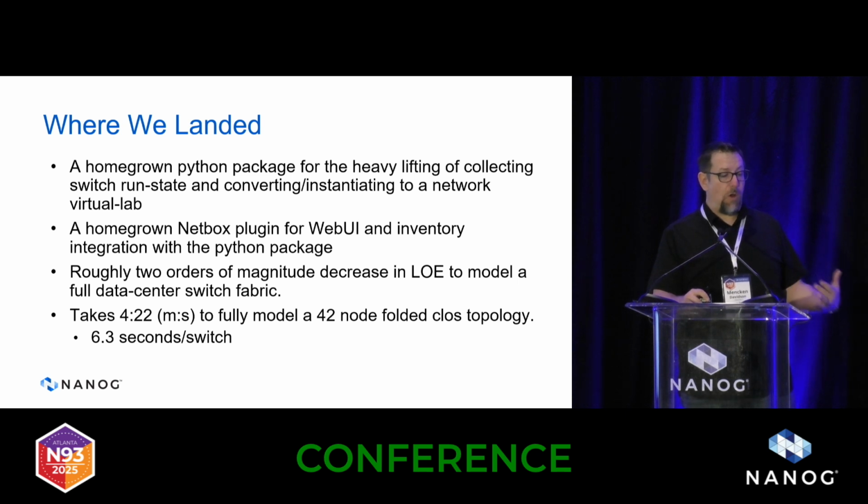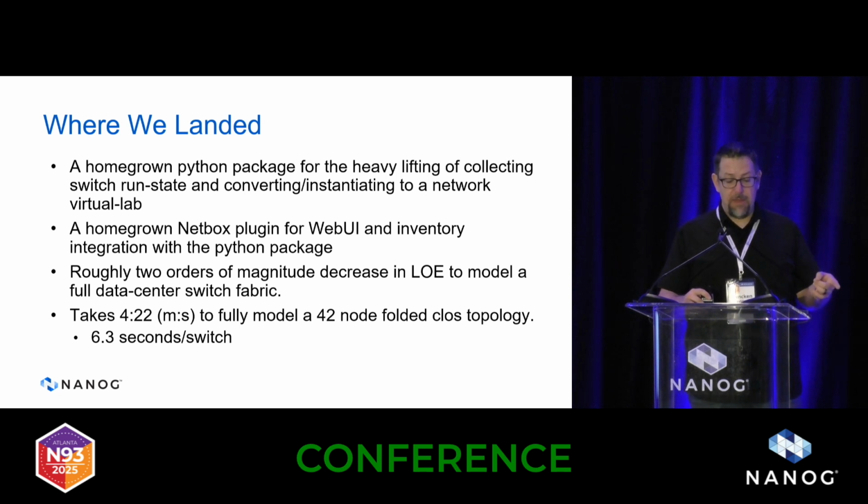And what we saw after implementing it was, ballparkish, about 2 orders of magnitude decrease in the level of effort for our engineers to model things, specifically to model our data center networks in the virtual lab.